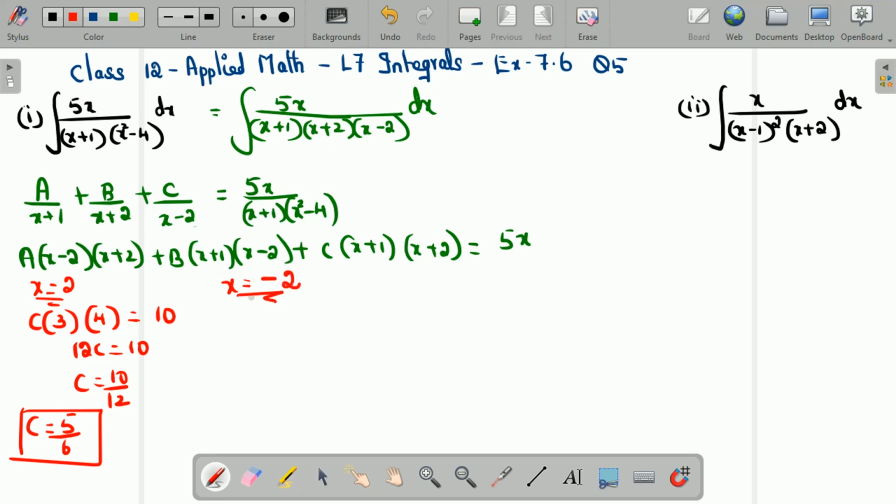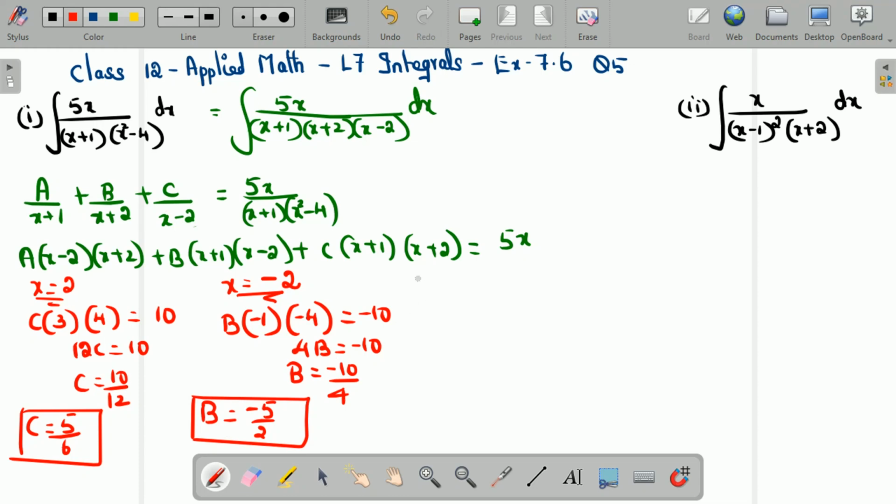When you put x equal to minus 2, again the A term will vanish, and the C term this time will vanish. B into (-2 + 1) is -1, into (-2 - 2) is -4, is equal to -10. So 4B is equal to -10, so B is equal to -10 by 4, or on simplification B is equal to -5 by 2.